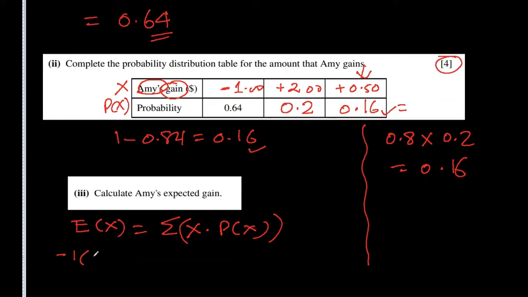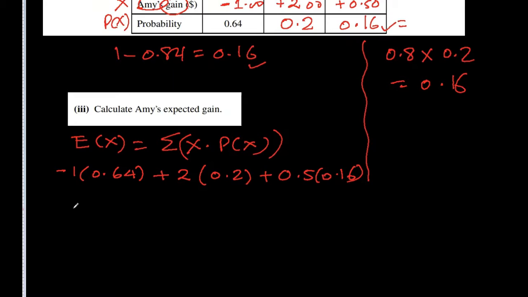So minus 1 multiplied by its own probability, 0.64, plus 2, it's a gain of 2, probability is 0.2, plus gain is 0.5 and its probability is 0.16, and we can do it here.